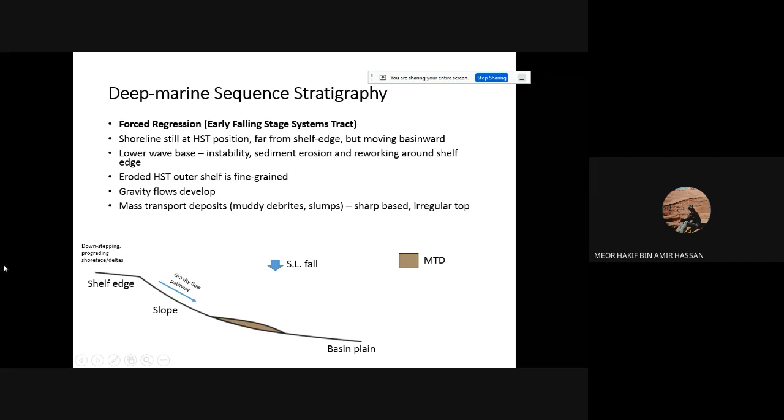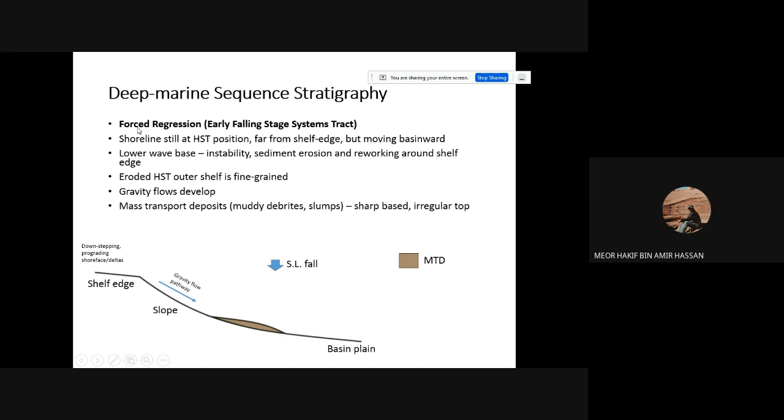So sea level probably somewhere here, if you can imagine it. So at the HST position, the shoreline is still far from the shelf edge, somewhere here, not here, right? So this is very far away now. Okay. But it is moving further and further basinward, lah, right? Okay. Because of the forced regression.